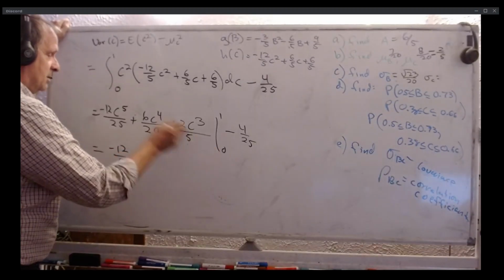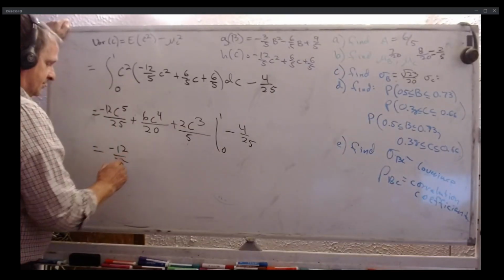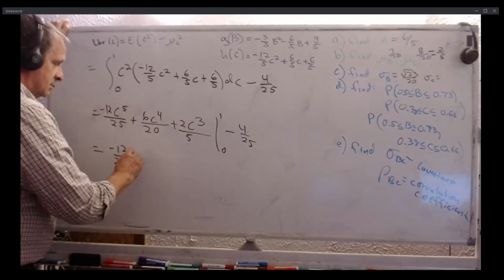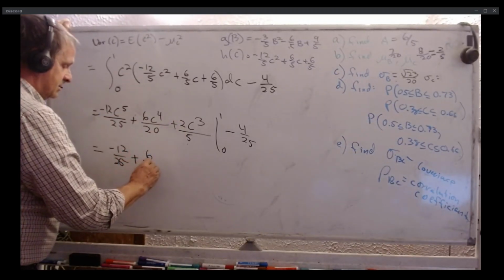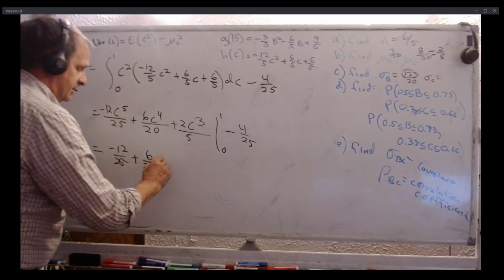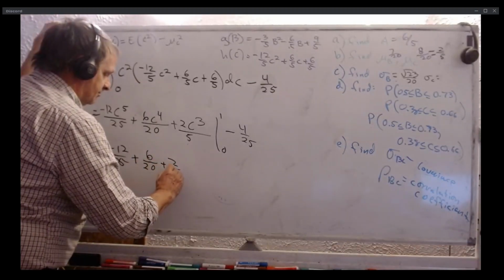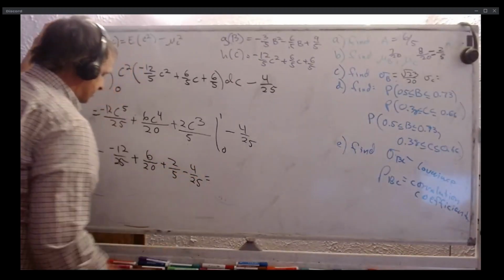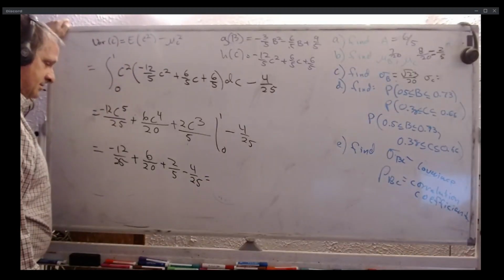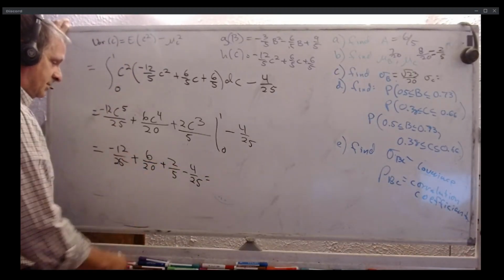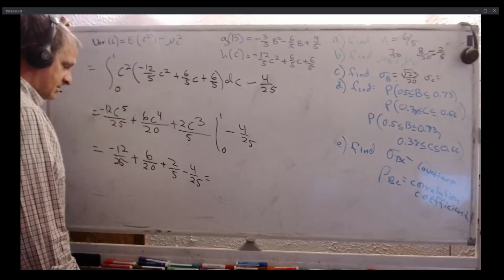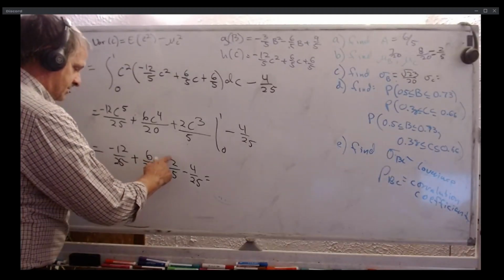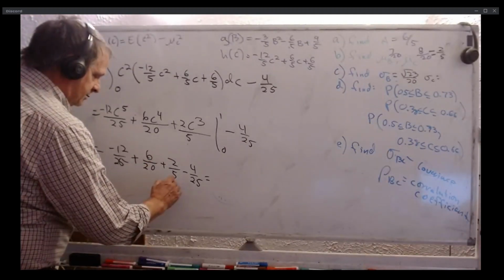If you plug 0 in for c, everything goes away, right? Right. This whole thing evaluates to 0. 6 out of 20. See, having things go from 0 to 1 is really nice when you're integrating, right? Okay. So we're going to subtract 29 25ths. This 2/5 is what? 8 out of 20?